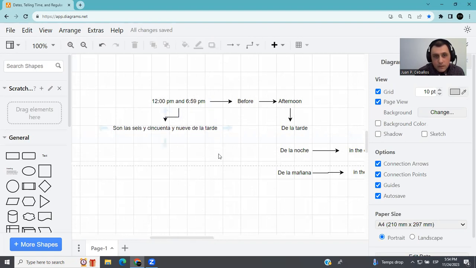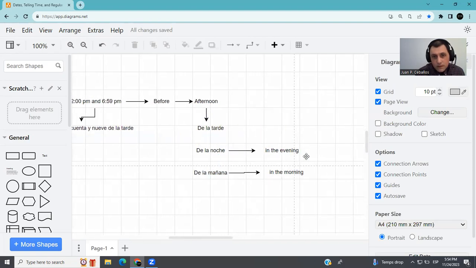So that's it is 6:59 in the afternoon. Okay. In English, it will be in the evening, but I will say in the afternoon in this case. In the afternoon means de la tarde. In the evening, it says de la noche. In the morning, it means de la mañana.